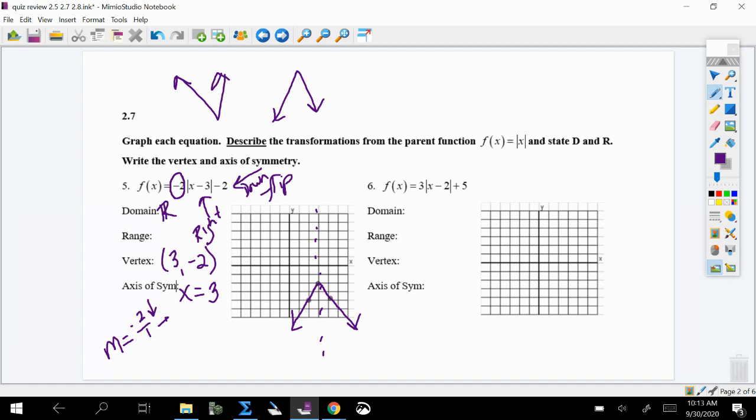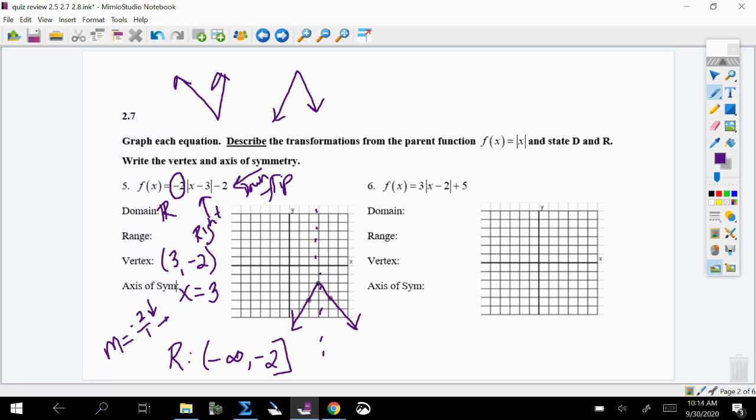Your range is limited though, and this is something that will help you if you're working on those optional quizzes. Your range, it goes down forever, so -infinity, but then it never gets higher than the vertex. The vertex is at the height of -2. So the way I'd write my range, I'm going to do it down here because I have more space, is it's going to go from -infinity and then it's going to stop when it gets to a height of -2 because that's the highest the graph ever gets.